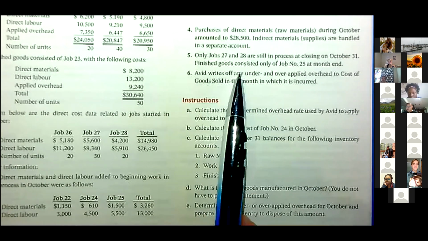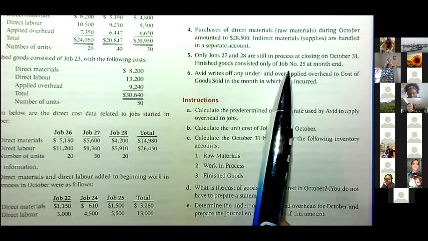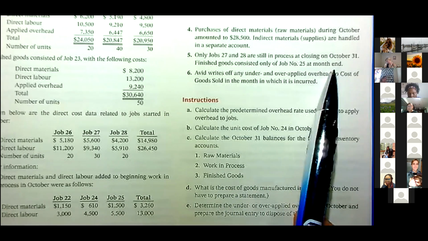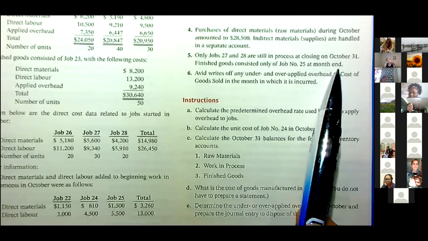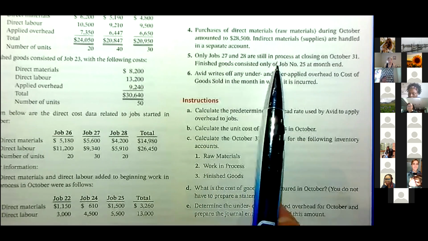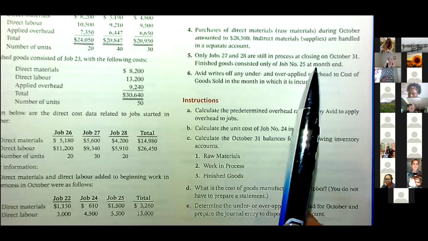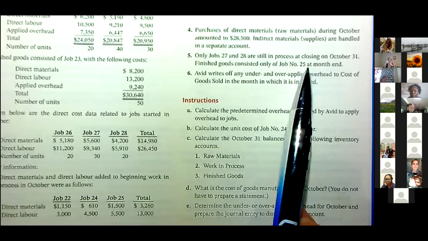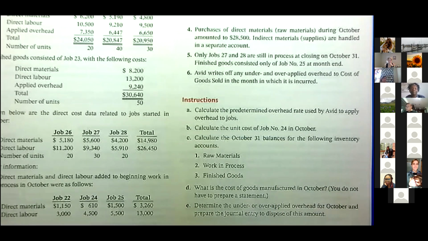Finished goods inventory consists only of job 25 at month's end. So on October 31st, the only thing left in the ending balance of finished goods is job 25, right? Okay, job 25.